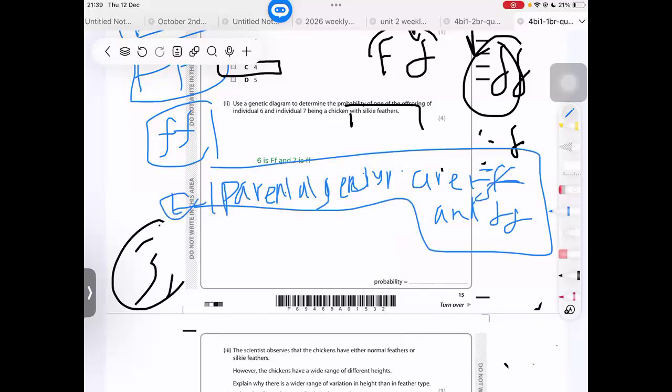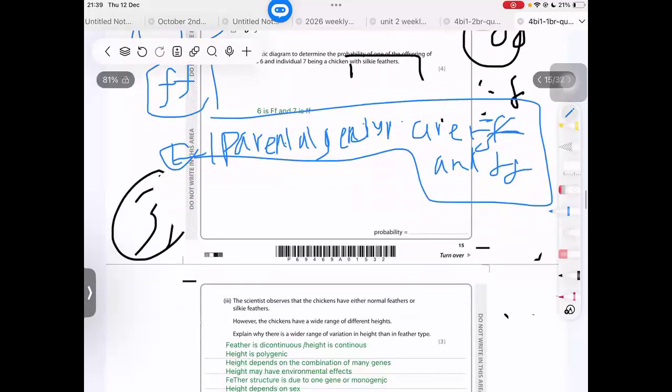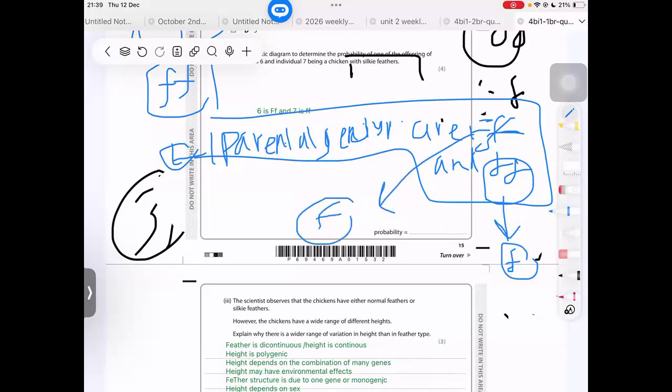Then you can write down what their gametes are. Gametes means eggs. From the mother, you get the simple F gamete. From the father, you can get the capital F gamete and the simple F gamete. That means the alleles are separated. I separate the alleles and take them into gametes.